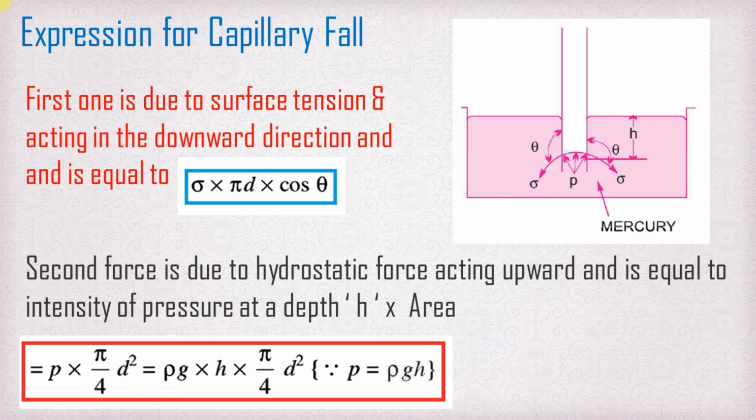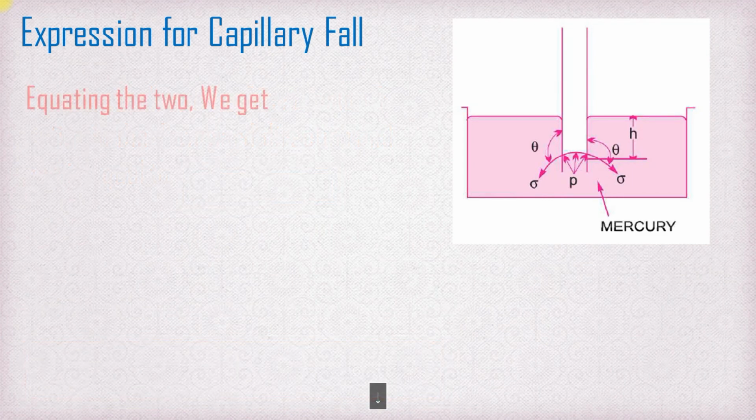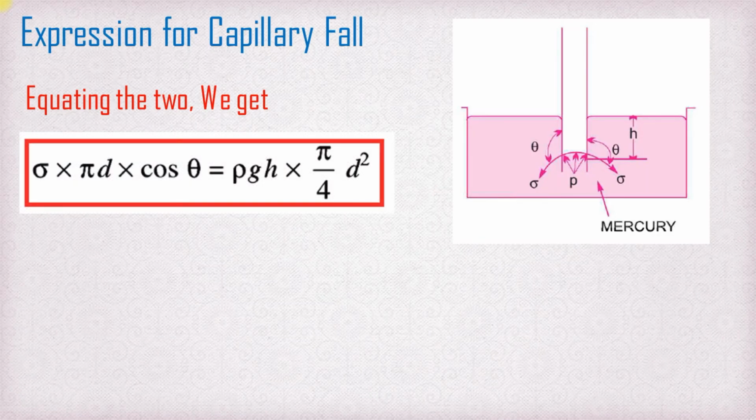So P into pi by 4 d square equals rho gh into pi by 4 d square. Equating this pressure force with the surface tension force for the equilibrium condition, sigma into pi d cos theta equals rho gh into pi by 4 d square.